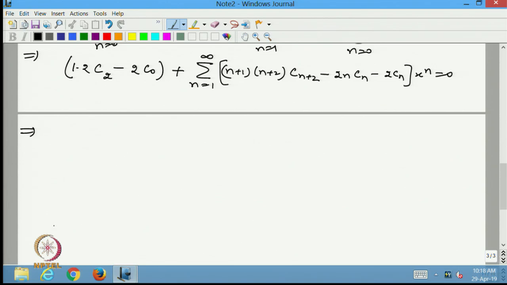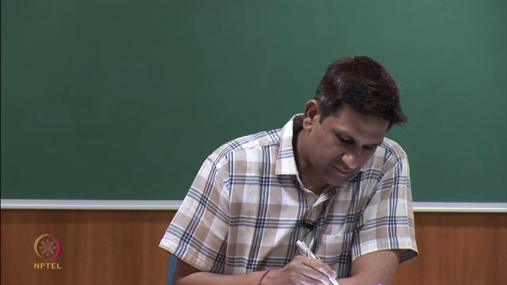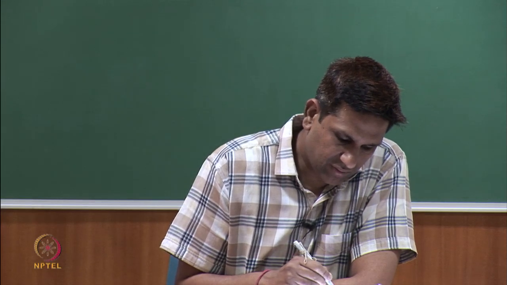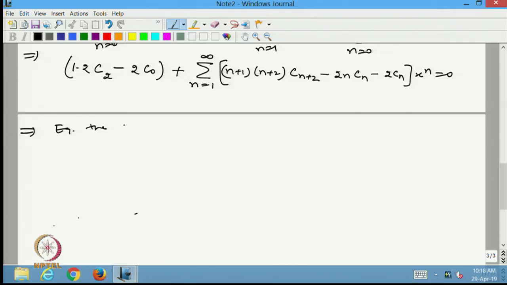Then to find out the coefficients, we equate the similar powers of x equal to 0, and then we will try to find all the coefficients. So, once I equate the first term corresponding to n equal to 0, that equation we have to equate.